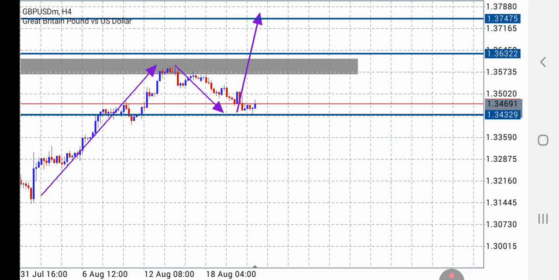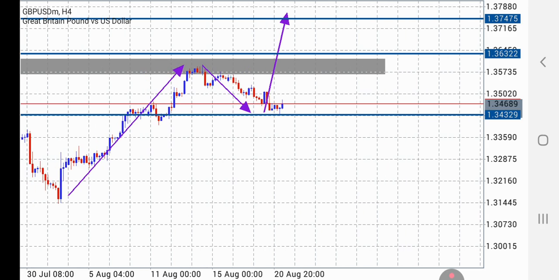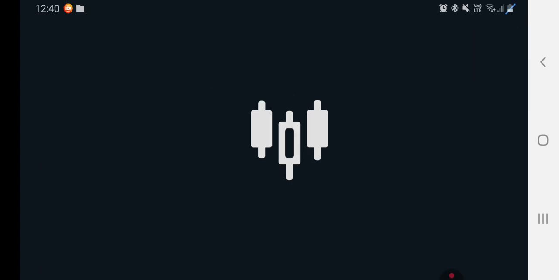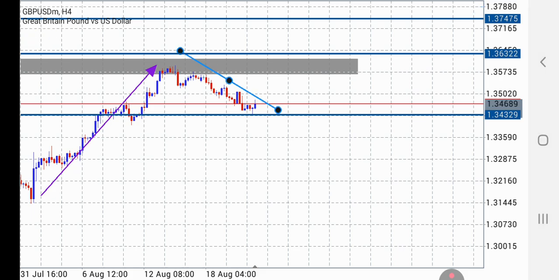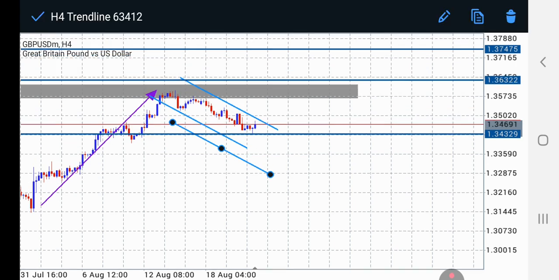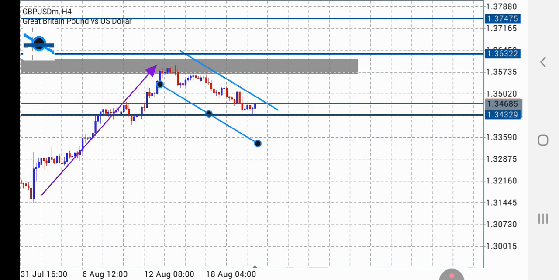So what is a correction? A correction is a short-term reversal in a trend. For example, this is what we call a reversal right here. Y'all can see we created some kind of a trend where we're retesting, or some of y'all may call it a pullback, where we wait for price to continue.